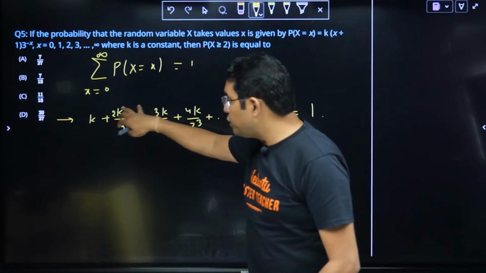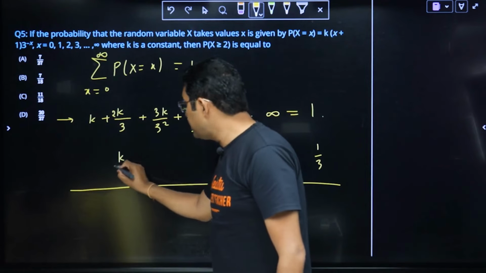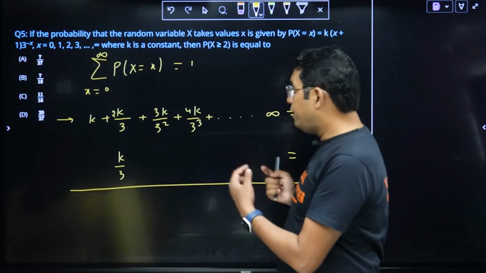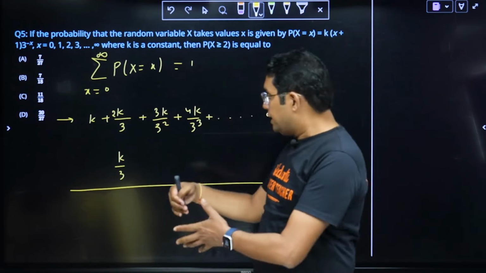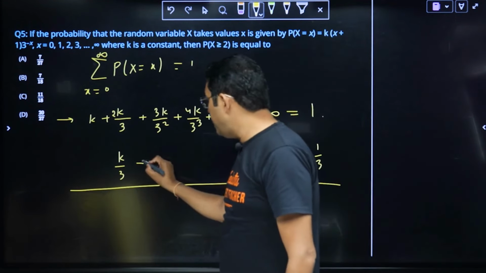So it's an AGP. Now to solve such an AGP, what we do is multiply the entire thing by the common ratio on both sides. So I'll multiply by 1 by 3 on the right side and on the left side also. But on the left hand side, I will shift the terms towards the right by 1 actually. So the k multiplied by 1 upon 3 becomes k upon 3, then shifted towards the right, it will be k by 3.